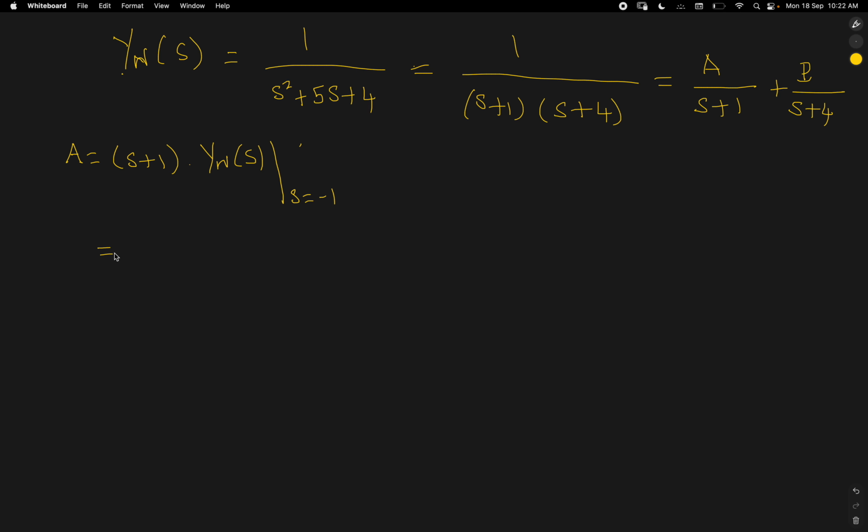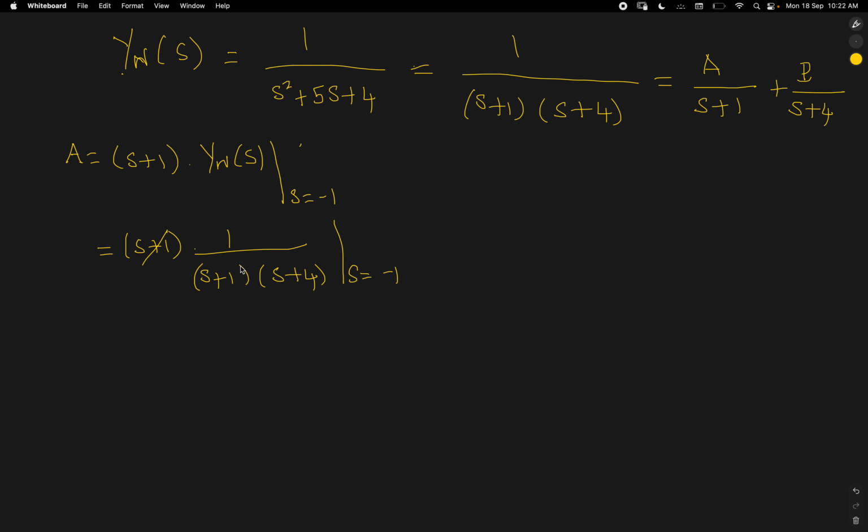So here, s plus 1 into 1 divided by s plus 1 into s plus 4, where s is equal to minus 1.